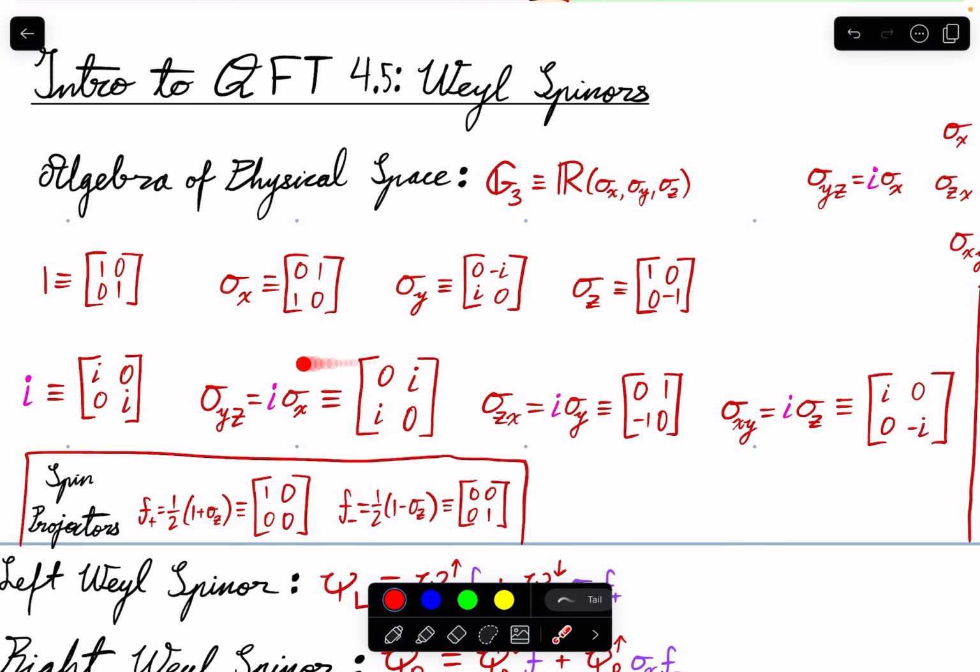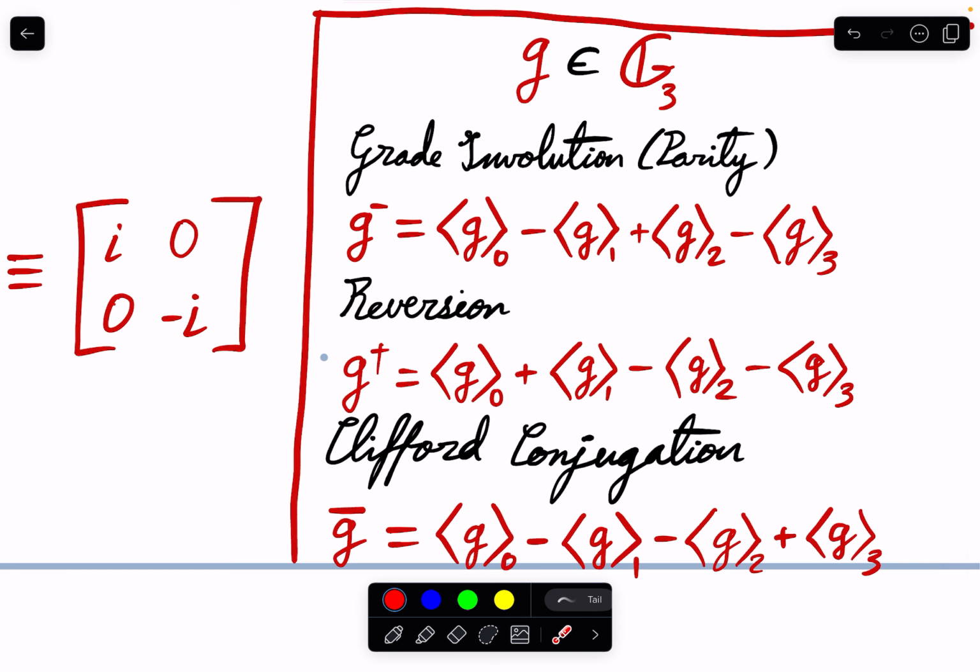Now there will also be some operations used in this. One of them is grade involution, which in G3 can also be called parity because it corresponds to parity in quantum mechanics.